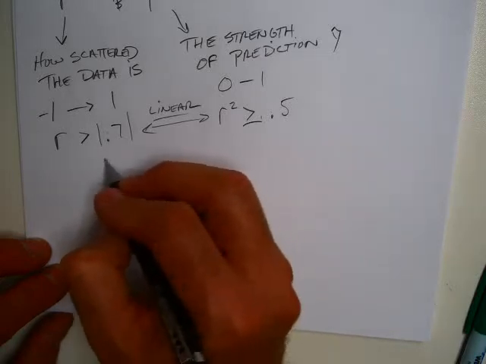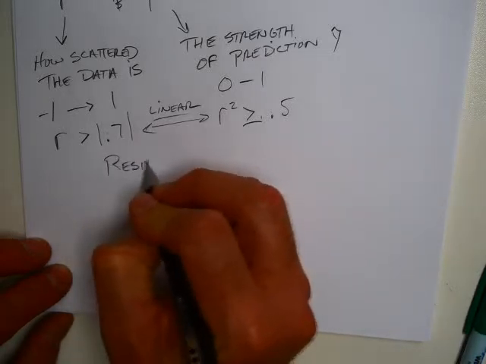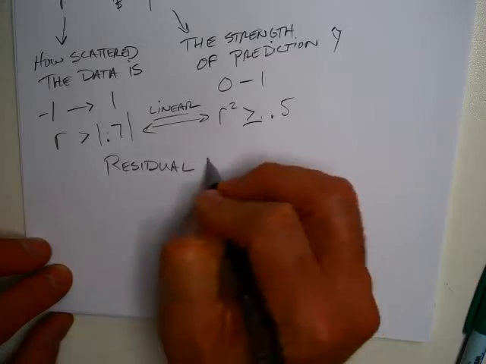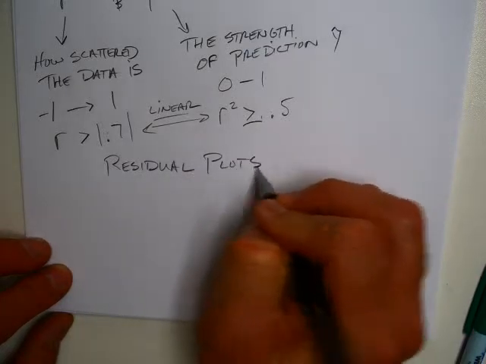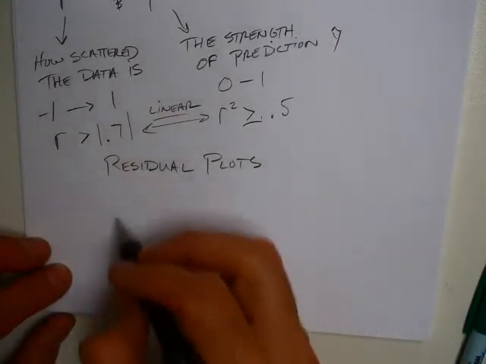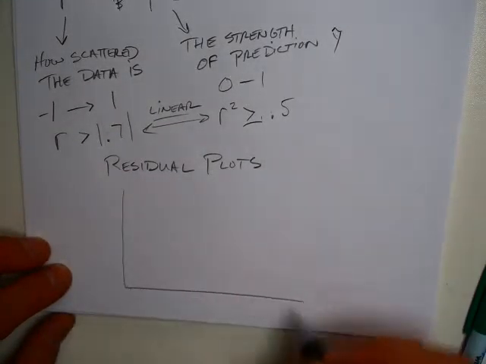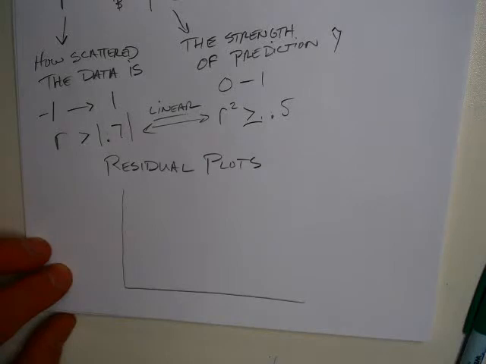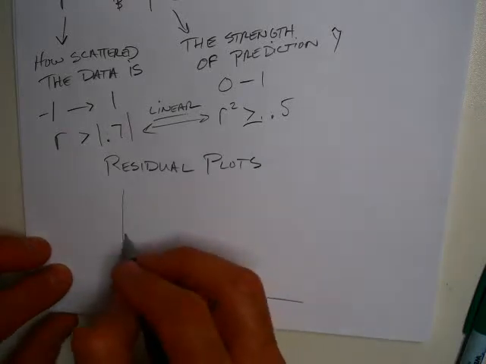But the real thing is the residual plot. The residual plot is where we really, I think, this is the best way of saying if something's linear.